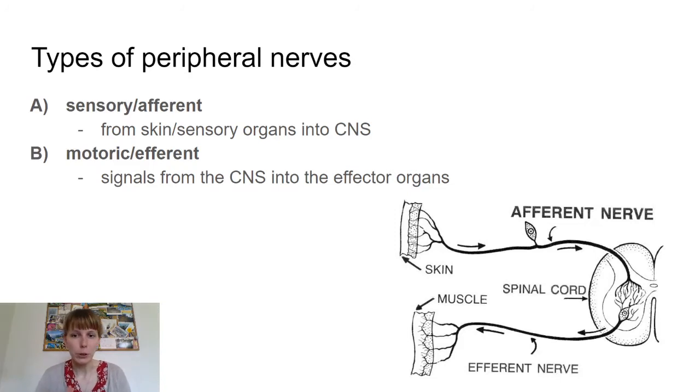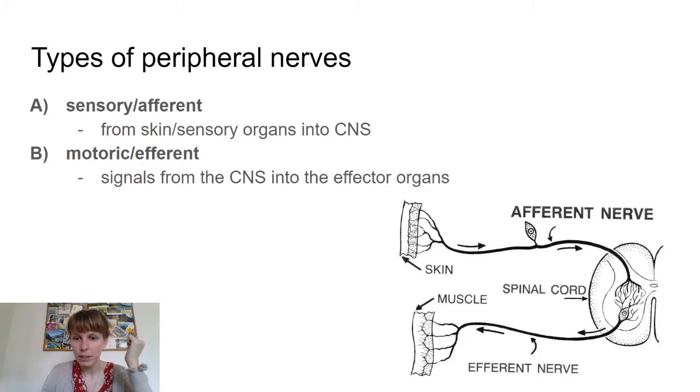The peripheral nerves that we will be looking at can also be divided based on which way they carry the information. Some of them will be carrying the information from the skin and your sensory organs, so from your eyes, ears, from different sensory receptors in the skin, pain receptors, everything. So all the sensory information will be carried into the central nervous system by afferent nerves.